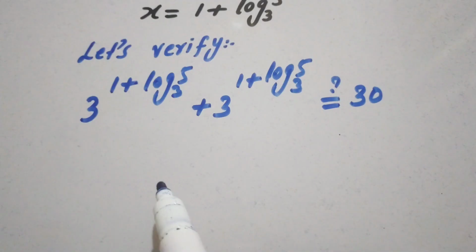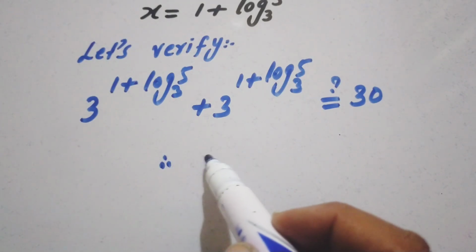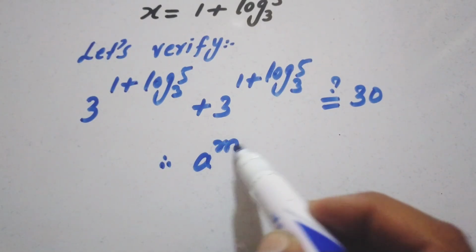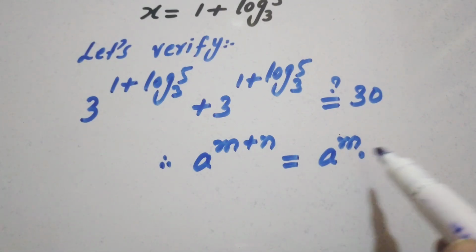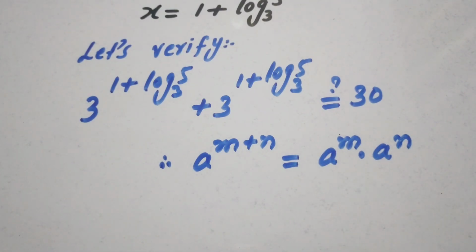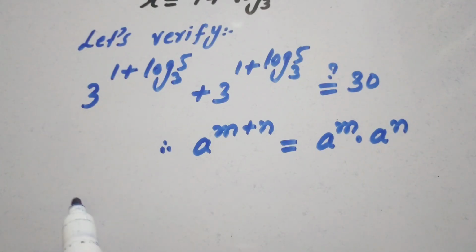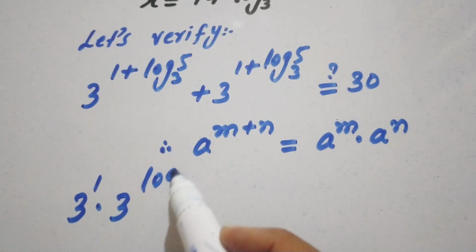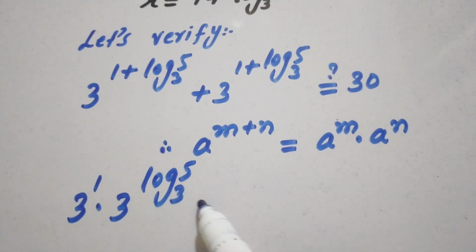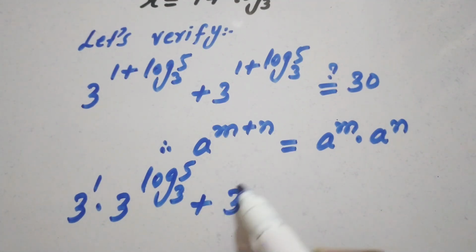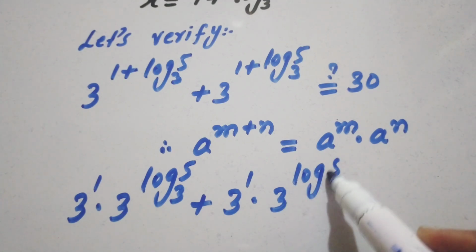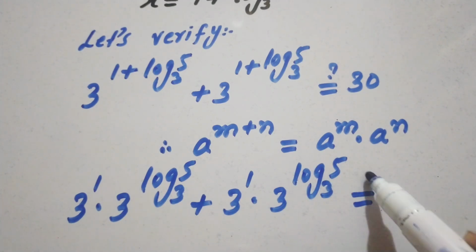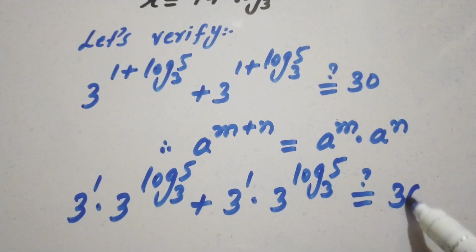Now by using an algebraic property, that a to the power m plus n is equal to a to the power m multiplied by a to the power n, this will become 3 to the power 1 multiplied by 3 to the power log 5 to the base 3, plus 3 to the power 1 into 3 to the power log 5 to the base 3, and on the right hand side we have 30.